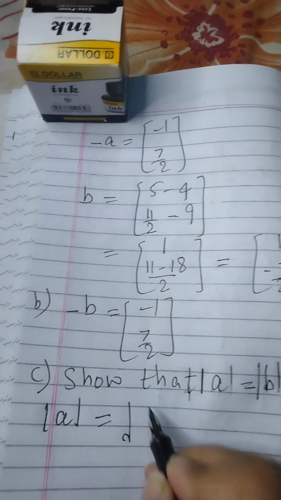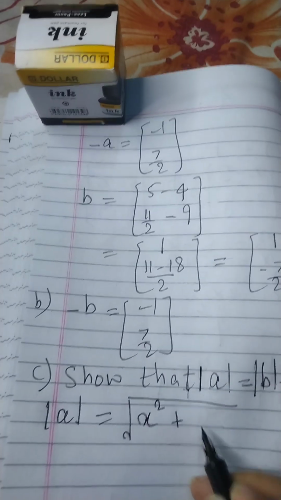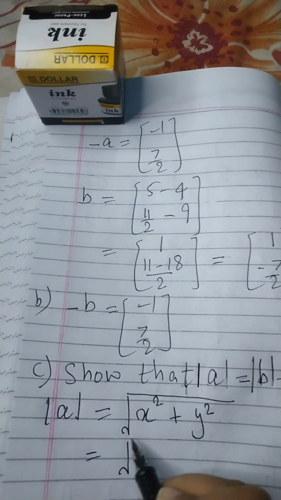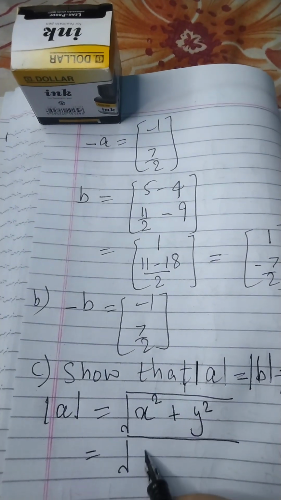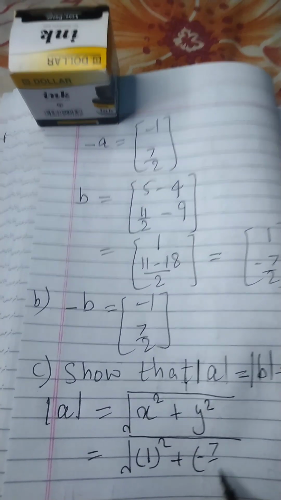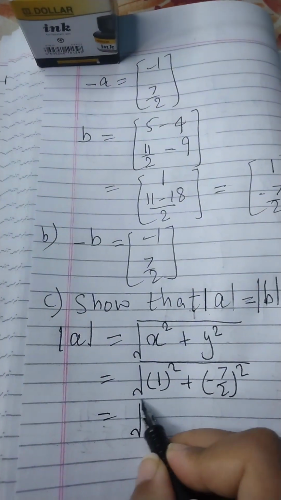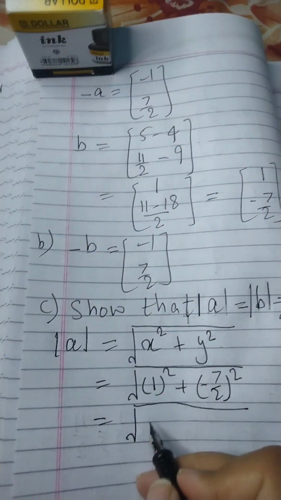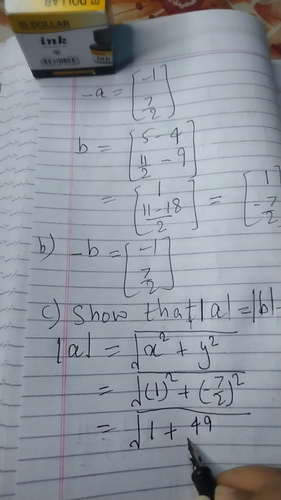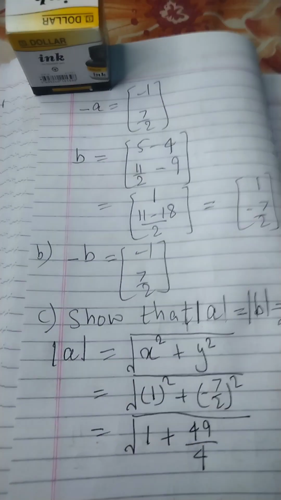As vector a, the magnitude equals root of x squared plus y squared. By putting the values, x is 1, squared, plus y is minus 7 by 2, squared, equals root of 1 squared is 1 plus 7 squared is 49 over 2 squared is 4. Minus squared is plus.